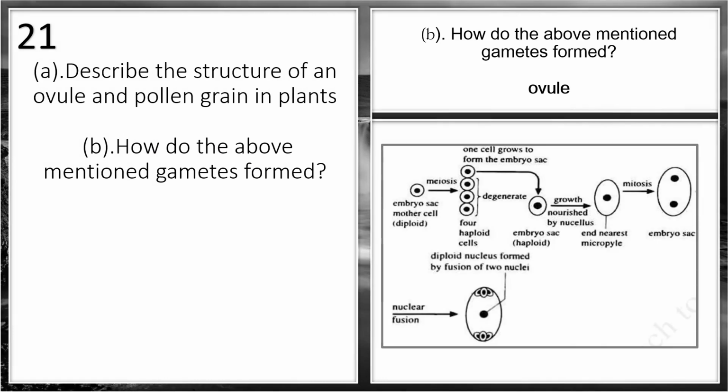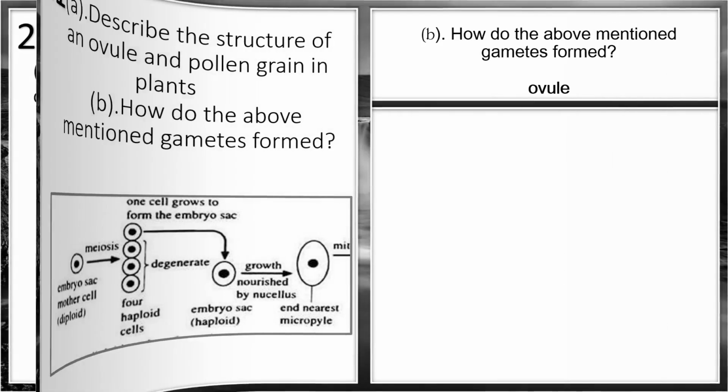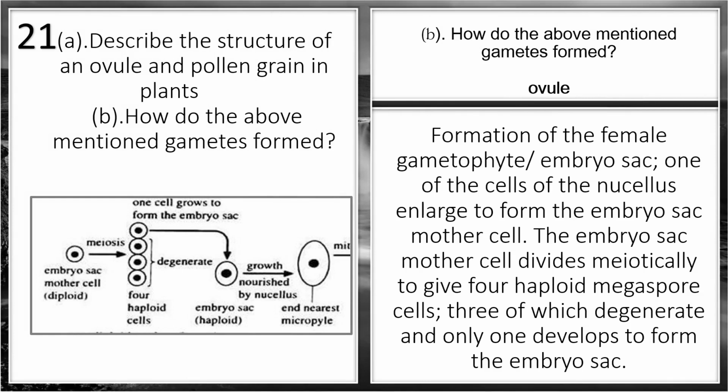Part B. How are the above-mentioned gametes formed? We shall start with the ovule. Formation of the female gametophyte, which is the embryo sac.